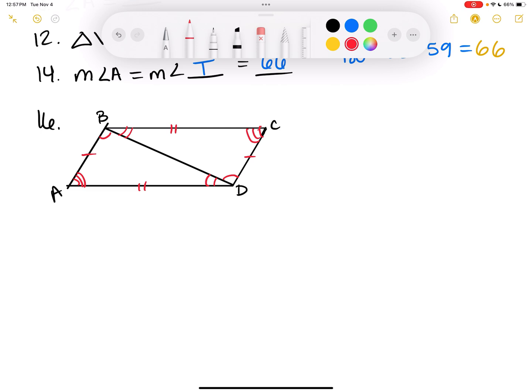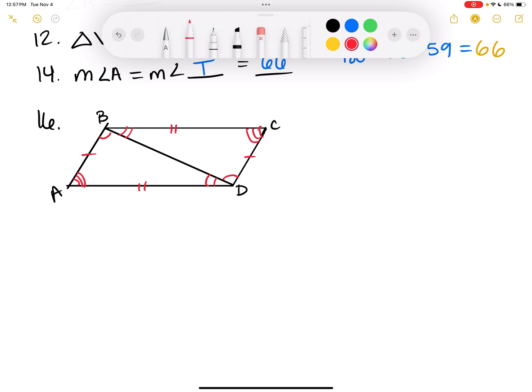All right, so we're looking for what things we can prove are congruent. Anytime I have a shape that's split in two, like this one is, because I know that this side is congruent to this side and this is congruent to this, then I can also say, well, BD is congruent to BD.